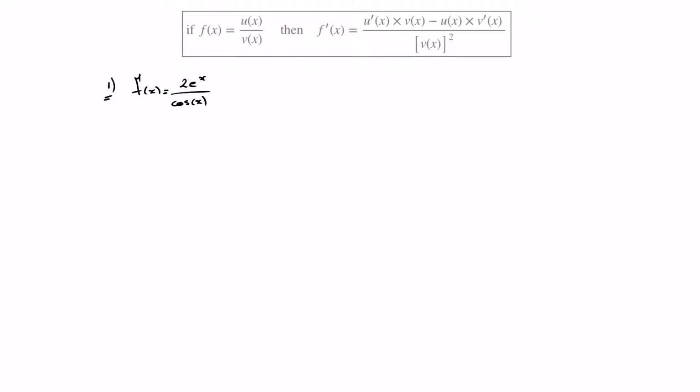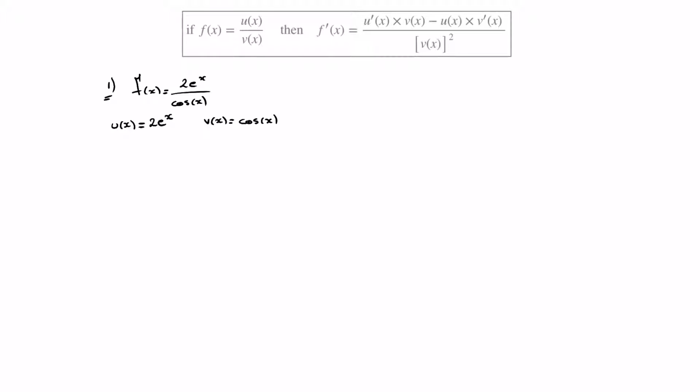Well, the first thing we can do here is define the numerator and the denominator as two separate functions. So let's say u of x equals 2e^x, and v of x equals cosine of x.